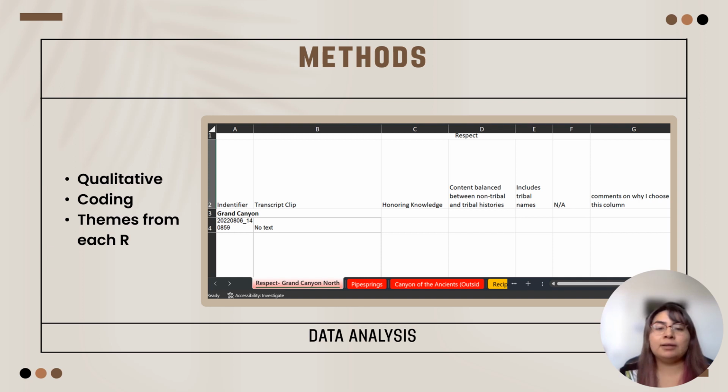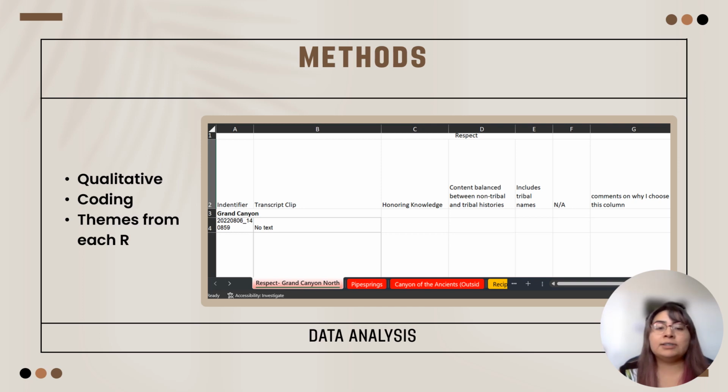The best way is just by finding these themes and indicators to see how well each of these signs represents the 6 R's. For instance, this picture here is an example of respect. Looking at, does this sign honor the knowledge presented?